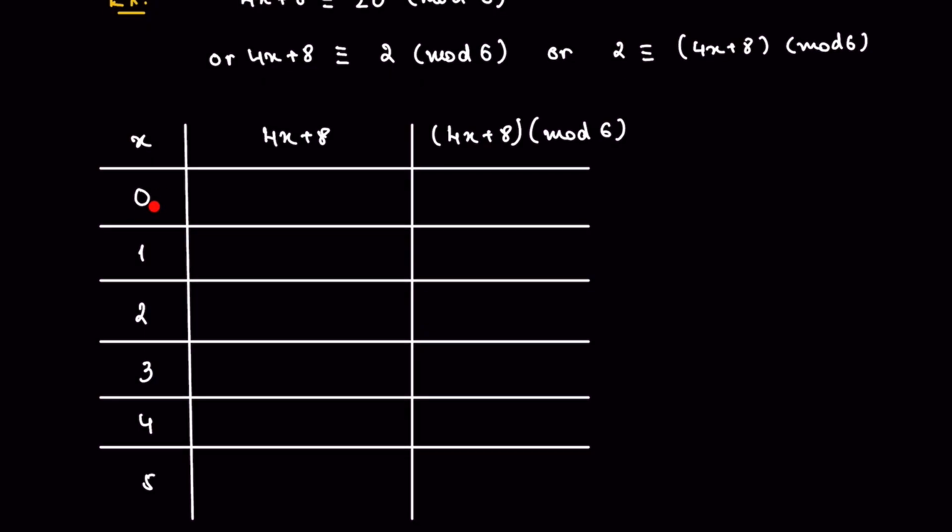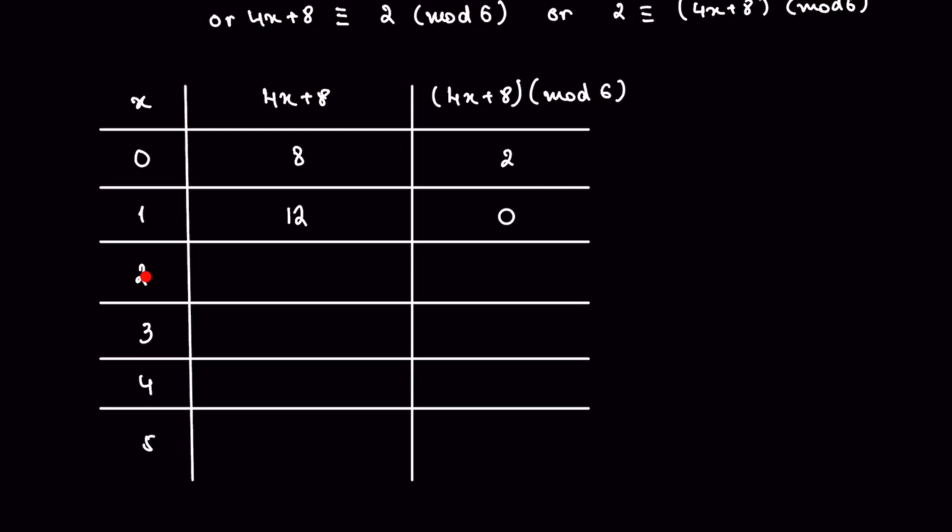Alright, so let's do the calculations now. When x equal to 0, 4 times 0 is 0, plus 8 is 8. So 8 mod 6 is going to give you 2. That means the remainder is 2 when you do 8 divided by 6. Then you have x equal to 1. So 1 times 4 is 4, plus 8 is 12. So 12 mod 6 is going to be equal to 0.